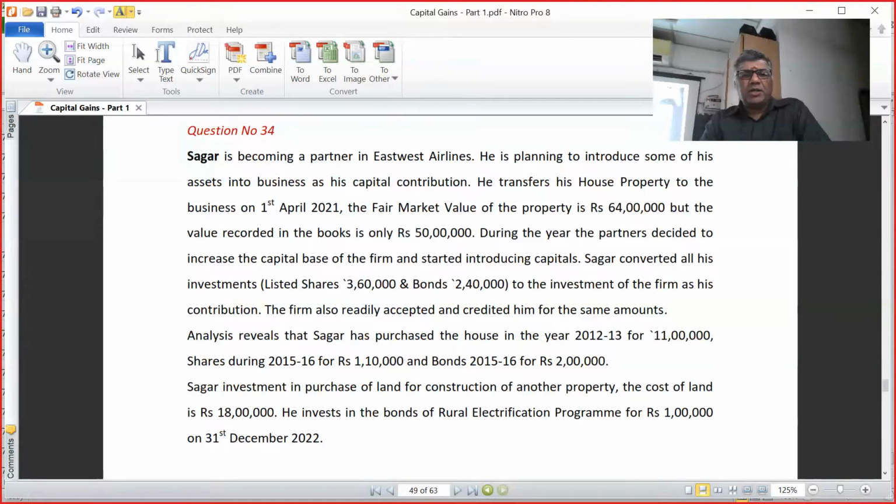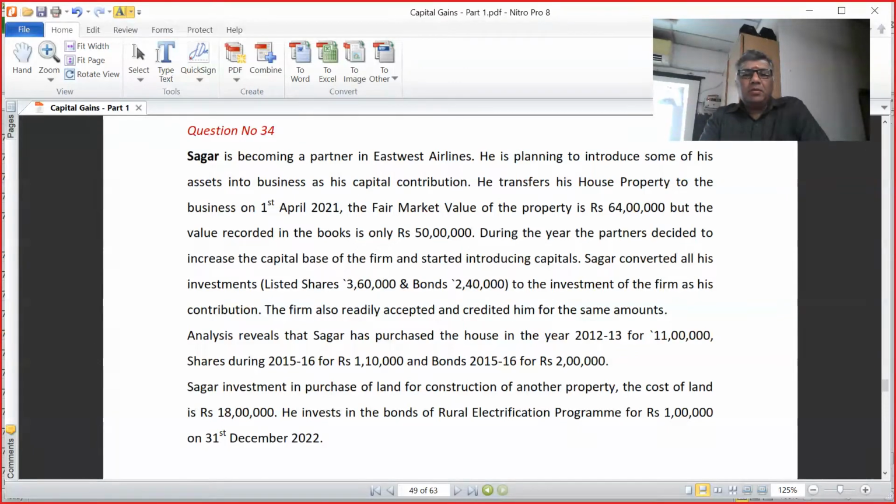Whenever a partner joins a firm, the value recorded in the books will only be taken as full value of consideration, not the fair market value. Asset converted into stock in trade, fair market value. Asset introduced into the business, value recorded in the books.